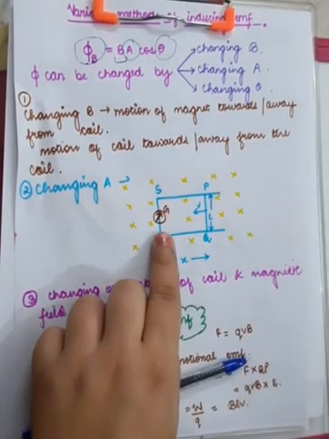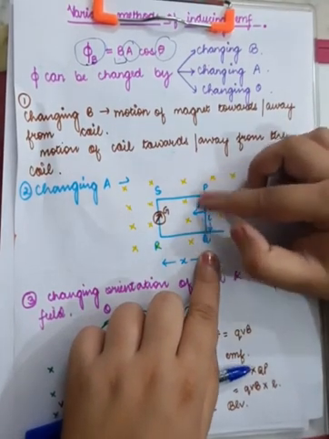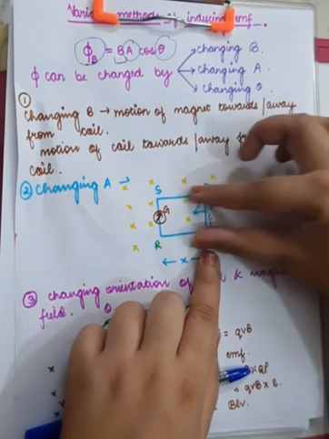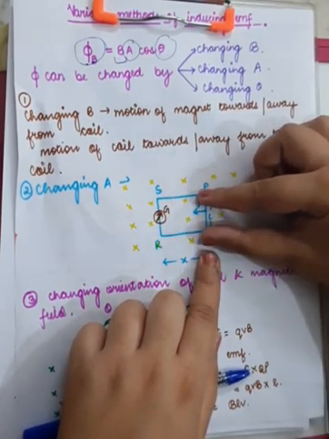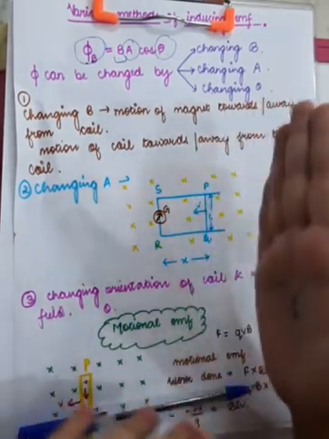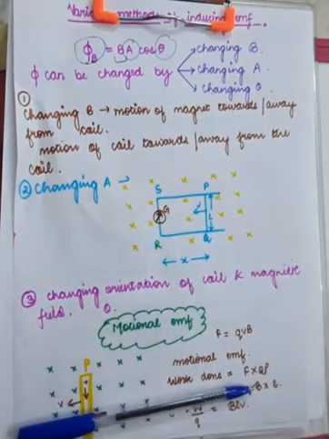This coil is connected to a galvanometer. Now this PQ strip is a movable one. Suppose I can adjust it. Okay, so what will happen is, as I adjust it, its area will keep decreasing. As long as I keep on moving the strip forward, the area is going to decrease.